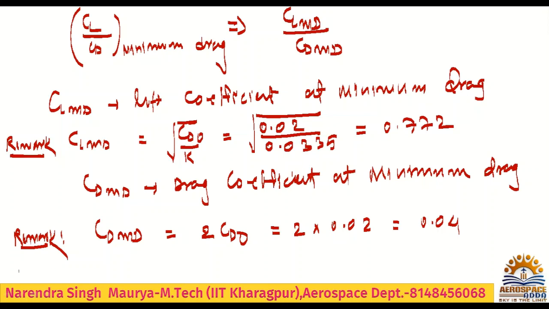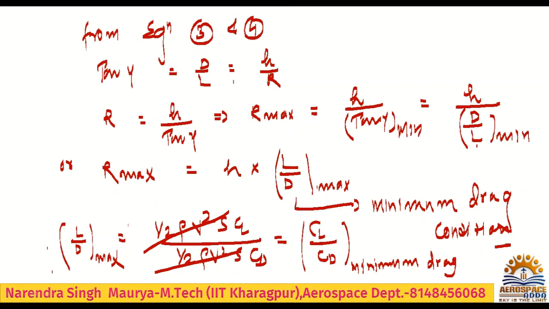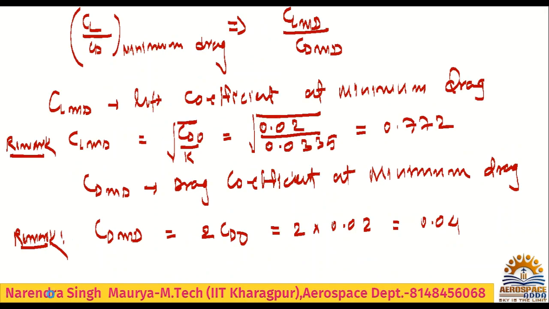All right. Now check. So what is the R max? We'll write this. R max is nothing but H L by D max. I told you this is the minimum drag value.